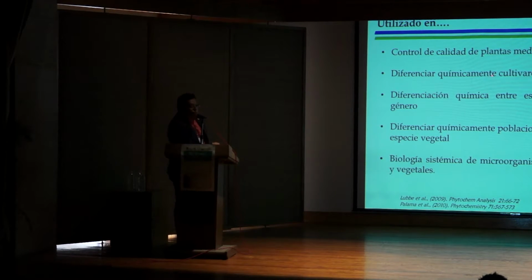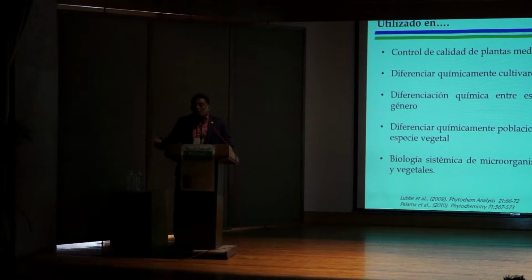It can be used to differentiate between different populations of plants, to try to find the differences between them, because probably one of them is growing in an area that is humid, and another one is growing in an area that is very dry, so we can find the differences between them. As well, we can identify geographical differences between plants.